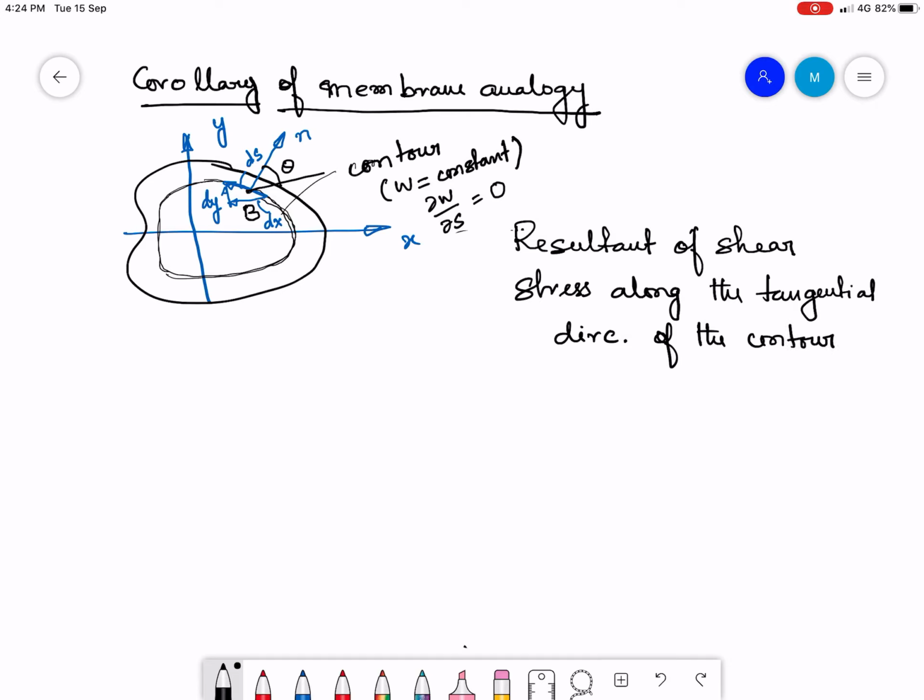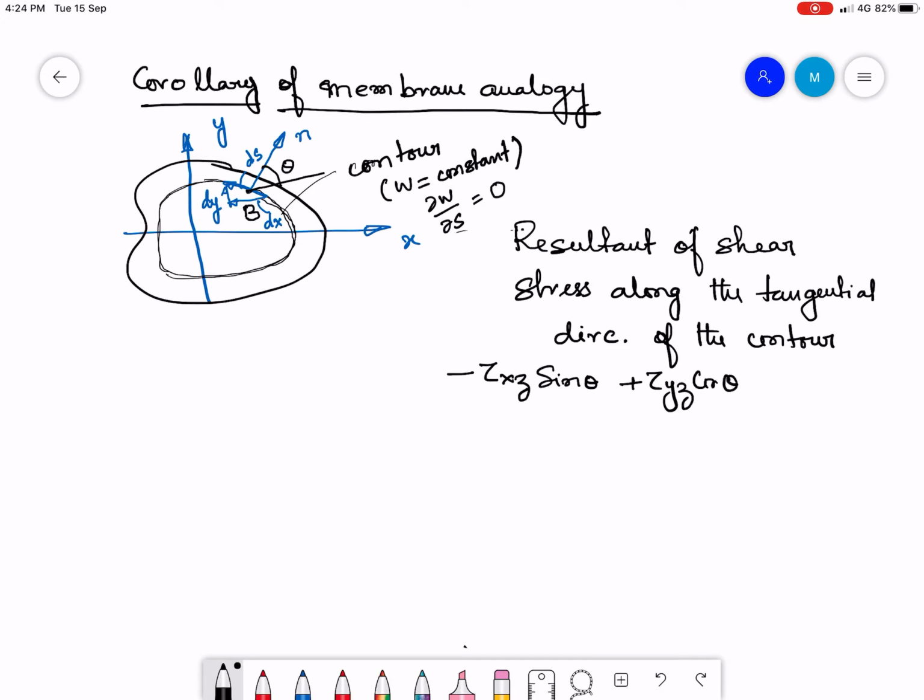So, what is going to be the expression of the resultant of shear stress in the tangential direction? It is going to be minus tau x z into sin theta plus tau y z into cos theta.